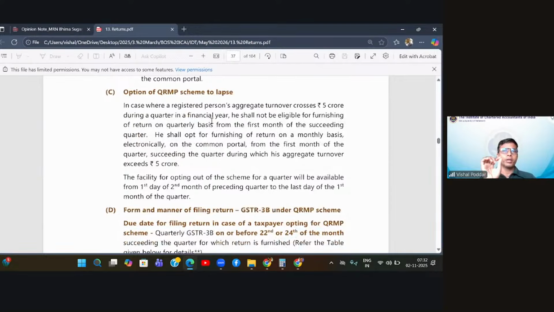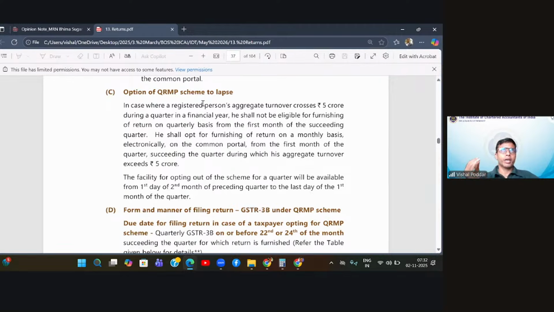Now, next point is when this option of the QRMP scheme will lapse. It will lapse by default when I come out of the quarterly return filer, once my turnover exceeds 5 crore in any particular financial year.